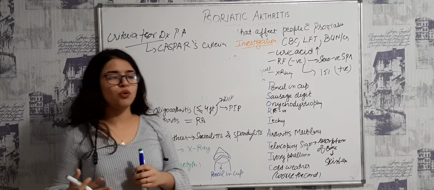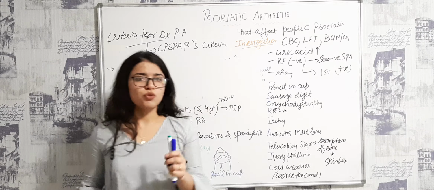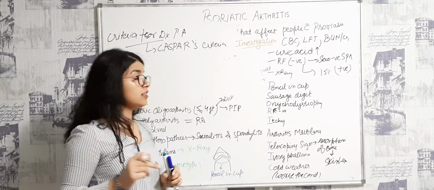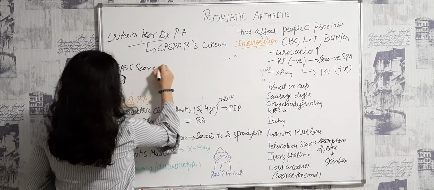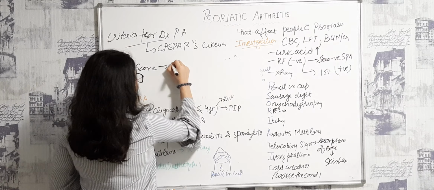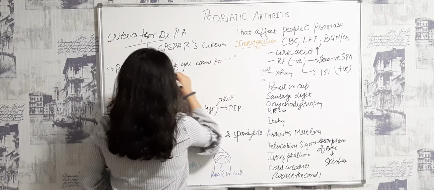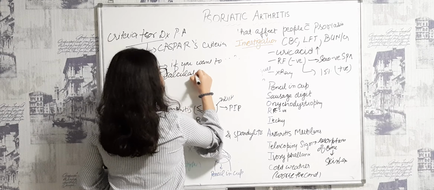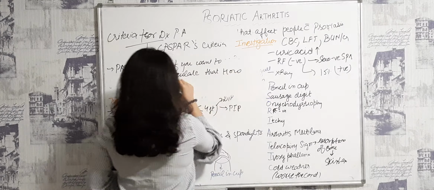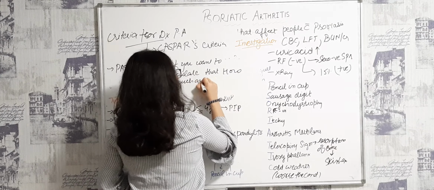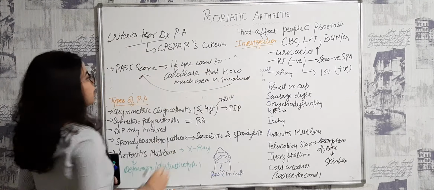And if you want to know how much area of the skin is involved in the psoriasis, we have a particular score for that. That is the PASI score. You will use this score to calculate how much area is involved, okay?